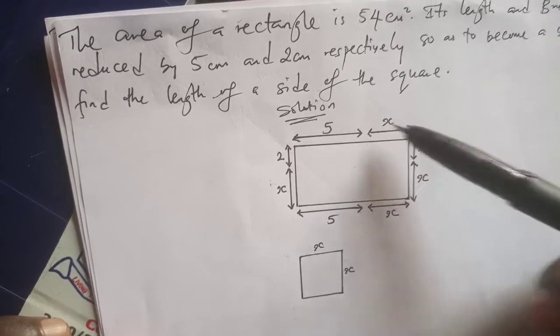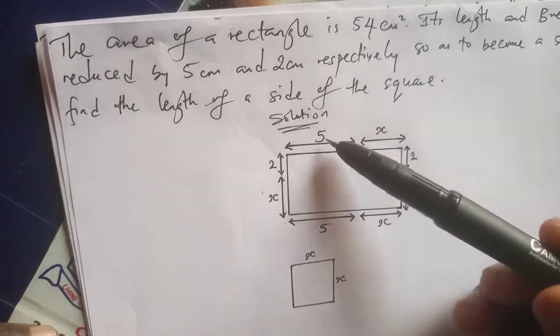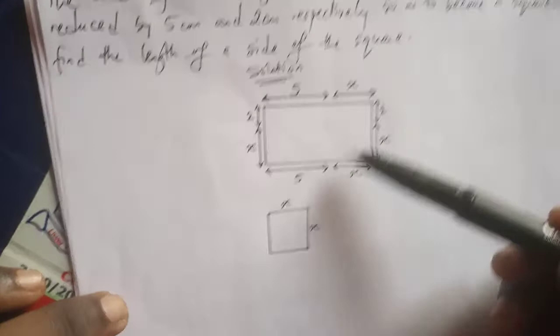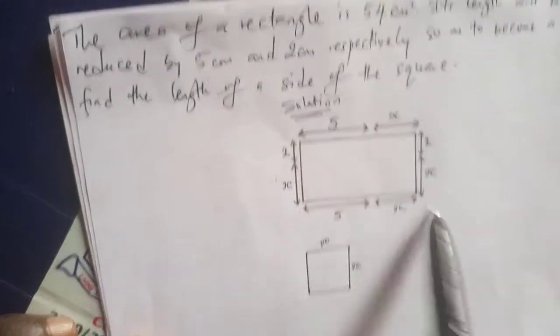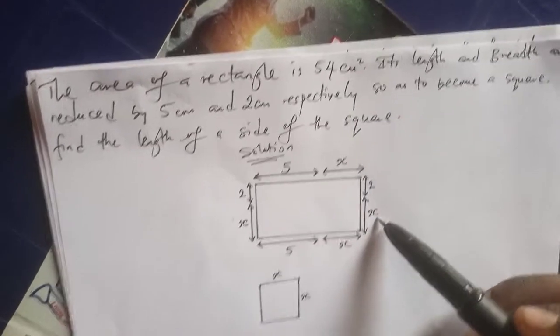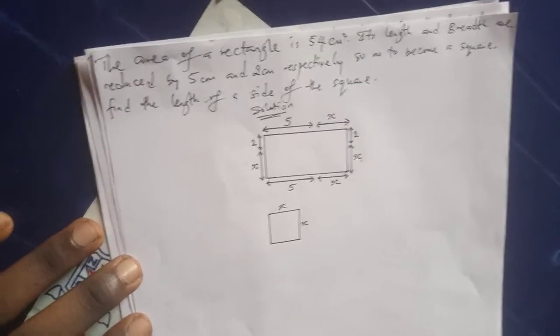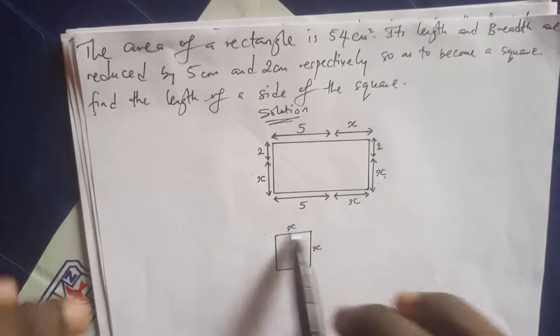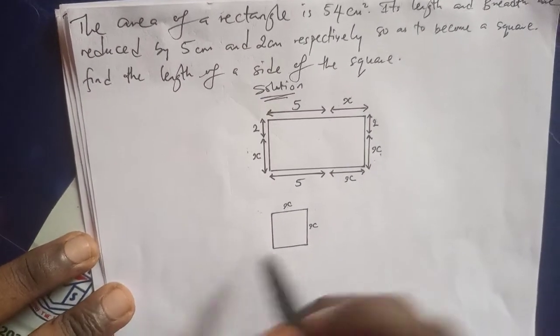So this part I named X. Then here is the 5 that was reduced, and the 2 that was reduced. Now, first I can decide to look for the area of the rectangle. That can help me get the side of the square.